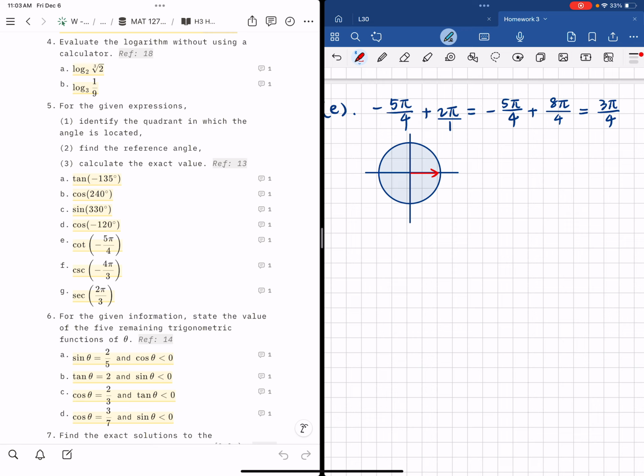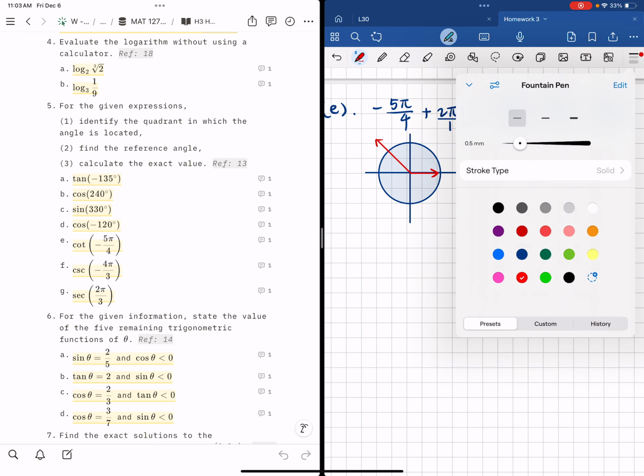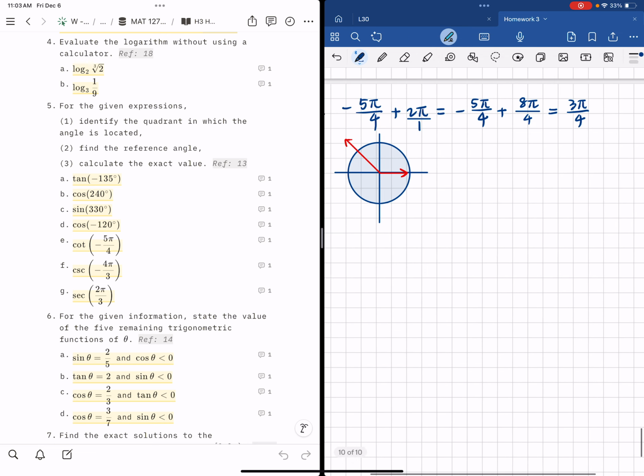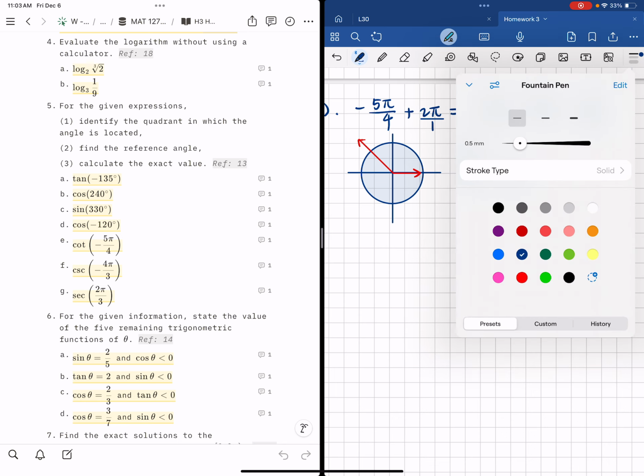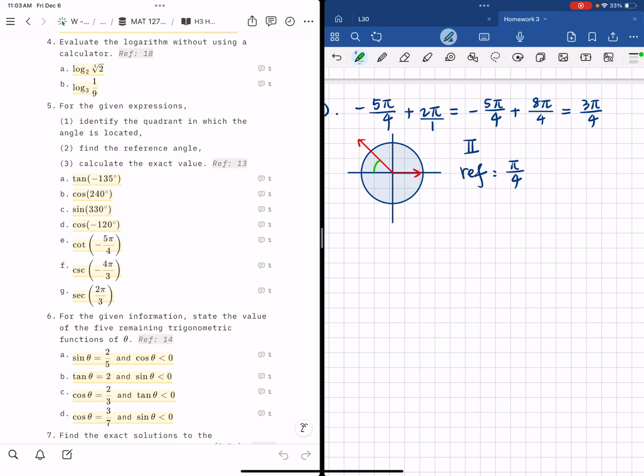So it's 135 degrees. It's the diagonal in the second quadrant. Second quadrant, and the reference angle is 45 degrees, or you could say pi over 4. Let me highlight that on the graph. It's just this part right here. That's 45 degrees, or equivalent to pi over 4.